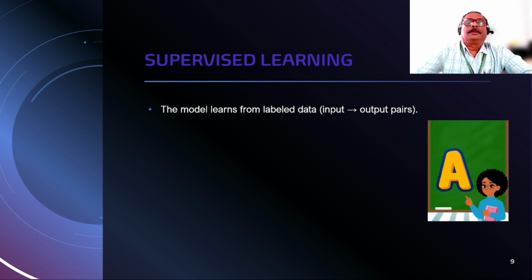The best example is the one we had in our school days while we were learning. Here our supervisor was our teacher, who was trying to teach us what ABCD is.